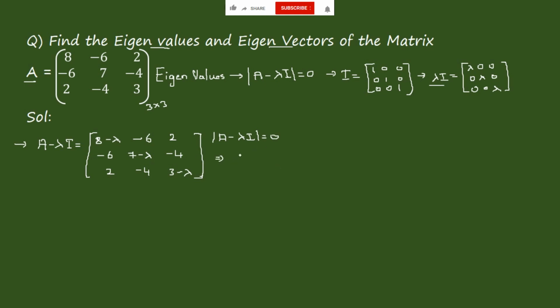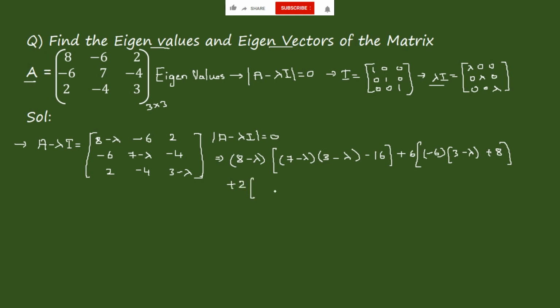It becomes (8 minus lambda) times ((7 minus lambda)(3 minus lambda) minus 16), then plus 6, since all the minus signs are there, into minus 6 times (3 minus lambda), minus minus gets cancelled, so it becomes plus 8, plus 2 times (24 minus 2 times (7 minus lambda)).